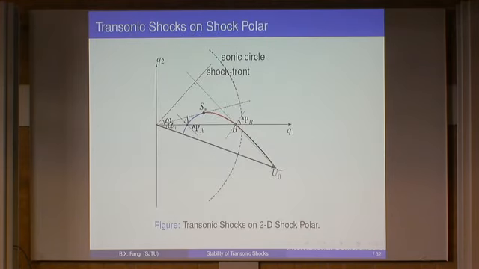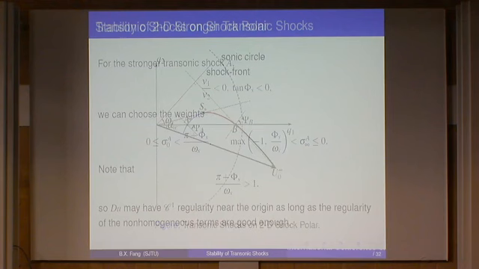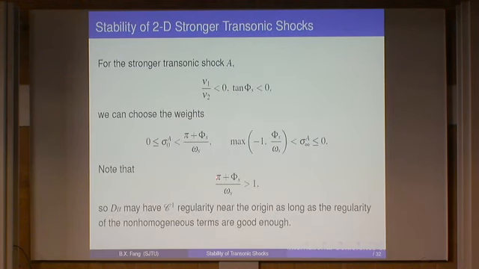Then for the strong shock, since this is negative, for the 2D case we can choose M equals 1. For the multi-dimensional case we cannot choose this number. But for the 2D case we can choose M equals 1, and then we can choose this sigma 0 and sigma infinity, and this way it is possible to guarantee the well-posedness theory, unique existence.